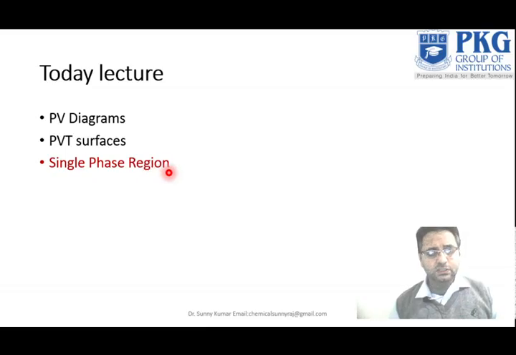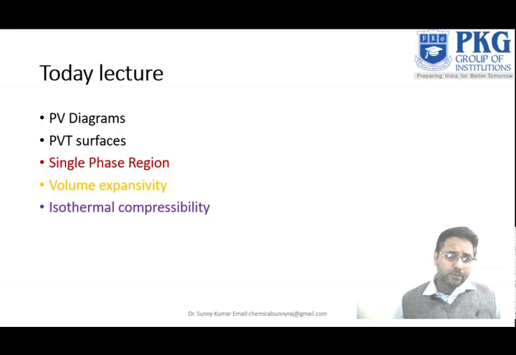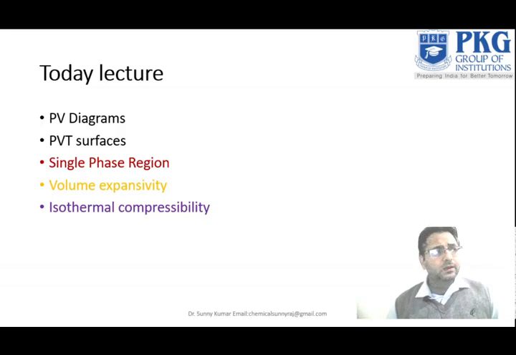In the single phase region, volume expansivity and isothermal compressibility came up, and we have discussed them. The pressure-volume diagram is very important for some mass transfer operations like absorption, especially the distillation column, for the different components.